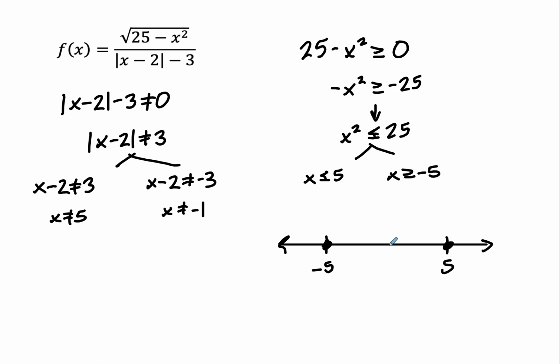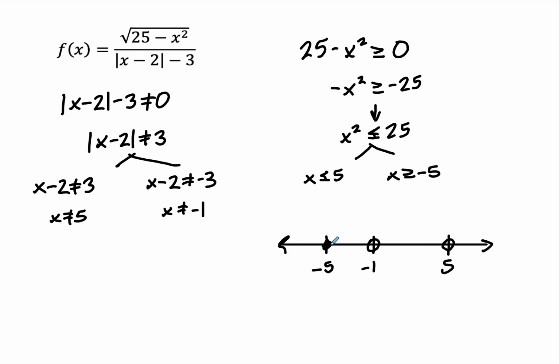All right, so our negative 1, let's put it a little more over this way. Our negative 1 would be right here, and we're going to have an open circle because it's not going to include that. Now we got a problem here. We were going to include 5, right? But if it gives us a 0 in the denominator, we cannot include it. So that's going to change this one to be an open circle here.